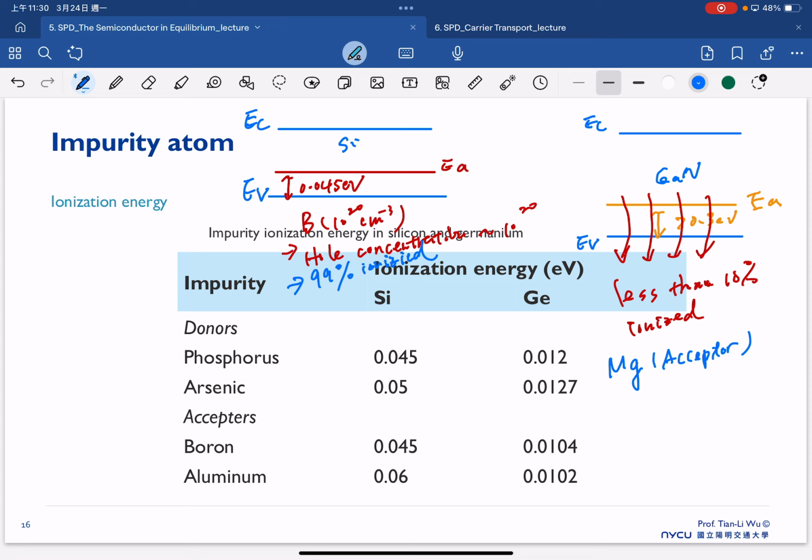So we try to use the magnesium to transform the gallium nitride into p-type gallium nitride. But now we find out that if we dope 10^19 of magnesium, in the end you only have less than 10% being ionized.